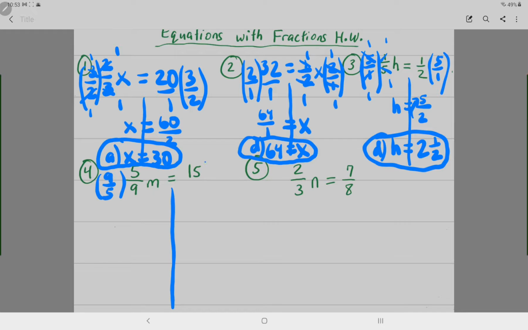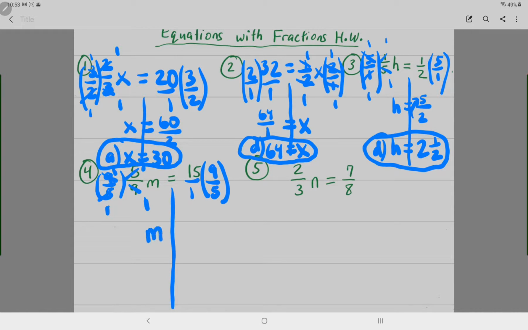I'll do the same thing to the right side of the equation. Multiply by 9 over 5. And also make sure you make the 15, which is a whole number, into a fraction. Put over 1. So left side, 9 divided by itself is 1. Those cancel. Same thing with the 5s. 5 divided by 5, also 1.